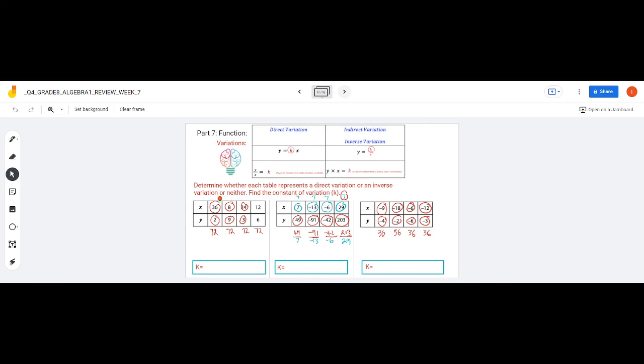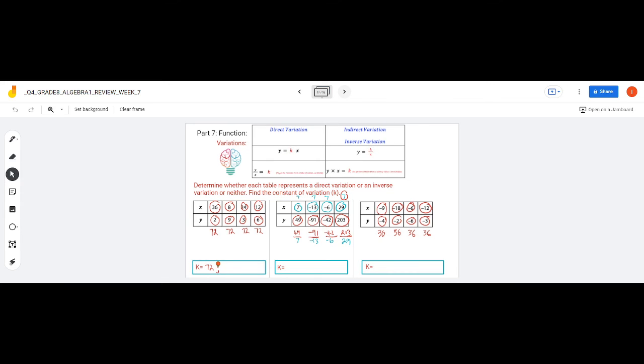Well, that doesn't really work. So we try multiplication. x times y, or y times x. So 2 times 36, that's 72. 9 times 8, 72. 3 times 4, 72. 6 times 12, that's 72. So my k is 72.